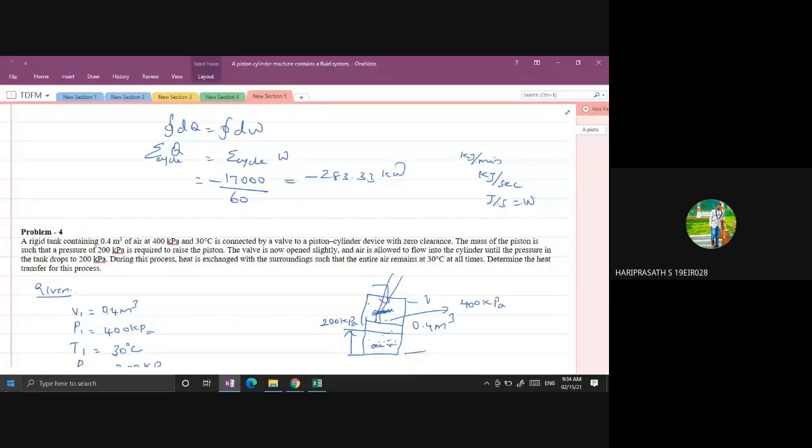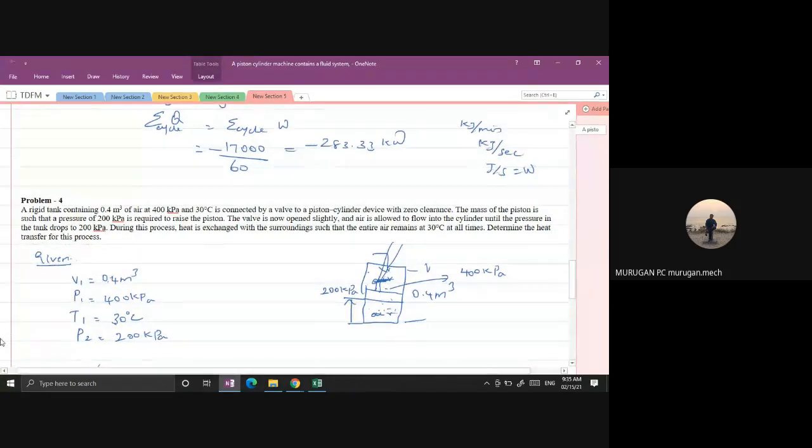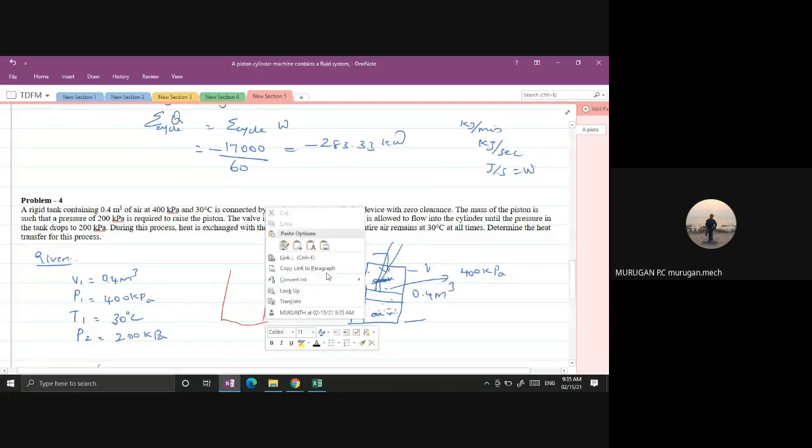So in this question, air at a pressure of 400 kilopascal and 30 degrees Celsius is stored inside the piston and cylinder with zero clearance. What do you mean by zero clearance? Let us consider this as the piston and cylinder.